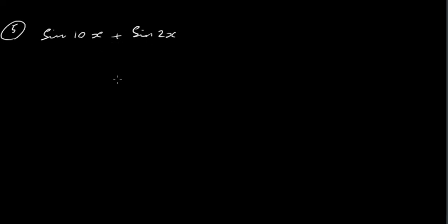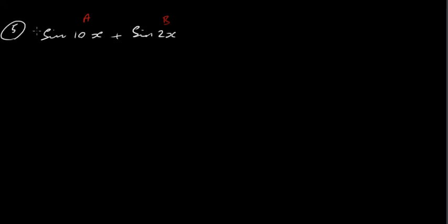So we look down along our list of trig identities and see which one will work for us. In other words, we know this is A, we know this here is B, so this is sine A plus sine B. So look for one with sine A plus sine B. So the one we're going to use here is this one.